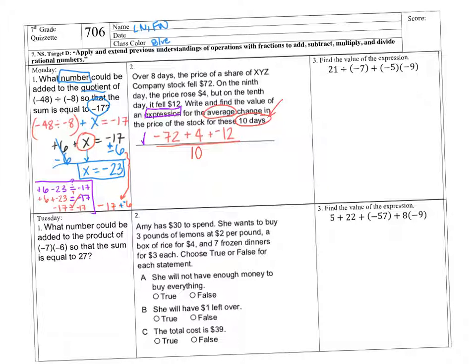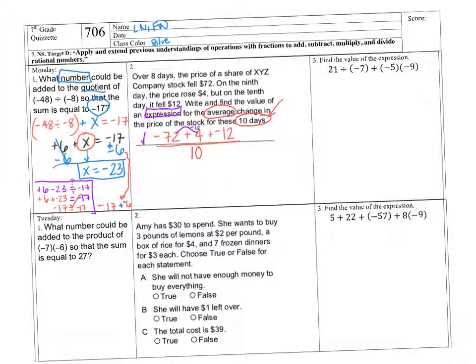The difference between an expression and an equation is an expression doesn't have an equal sign and an equation does have an equal sign. So in this case, we don't need to write an equal sign. We know that we're going to find the average by default. So this is just the expression. Now we have to solve it to find the average change in the price of stock. So negative 72 plus 4 is negative 68.